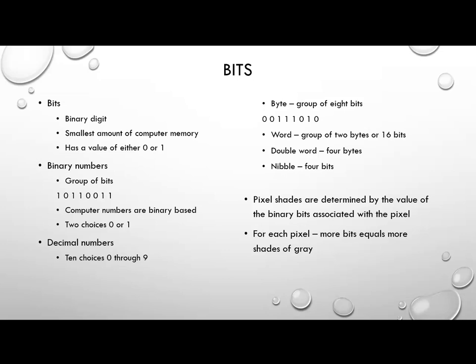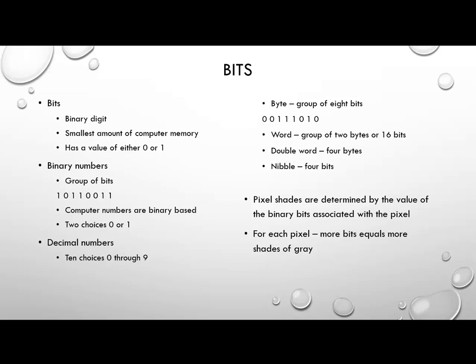Now you should be fairly used to decimal numbers where you have 10 choices of 0 through 9. With bits, the computer only has 2 choices, 0 or 1. And that is because in the computer, a bit is stored as either no voltage or voltage.